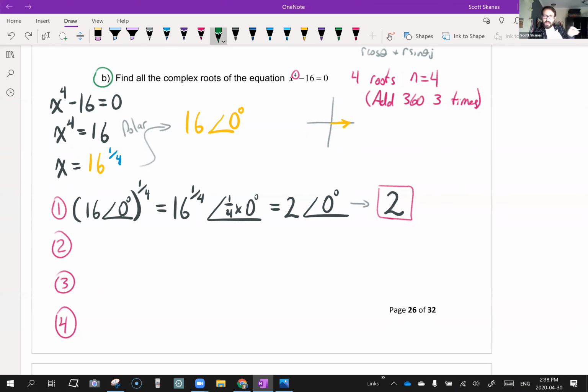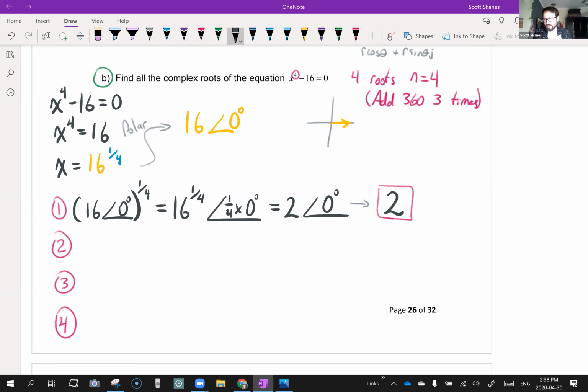It only has a real part, which is right on the x-axis at 0 degrees. There's no j, so it's 0. So the number is, just to be clear, 16 plus 0j is really the number that I'm working with here. So if you graph that, you get 16. There's no angle.